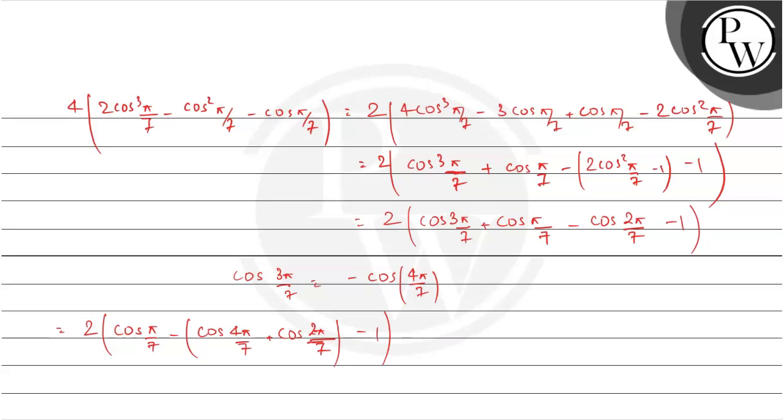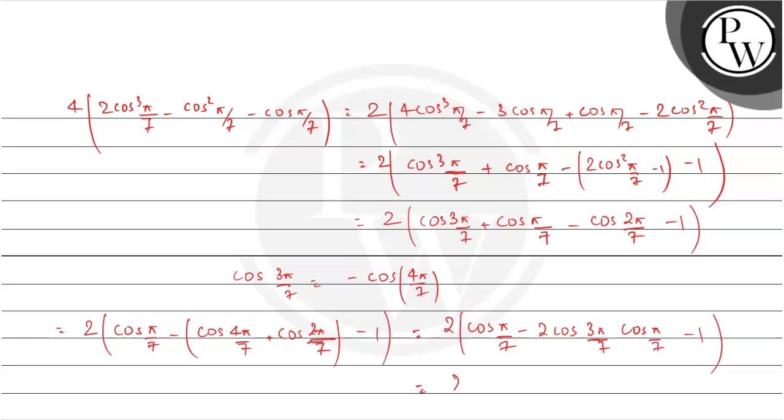minus 1. I'll use the identity over here of cos of a plus cos of b equal to twice cos of a plus b upon 2 times cos of a minus b upon 2. So this would become 2 times cos of pi upon 7 minus 2 times cos of 4 pi plus 2 pi upon 7 is 6 pi, and upon 2 would be 3 pi by 7, times cos of pi upon 7, minus 1.